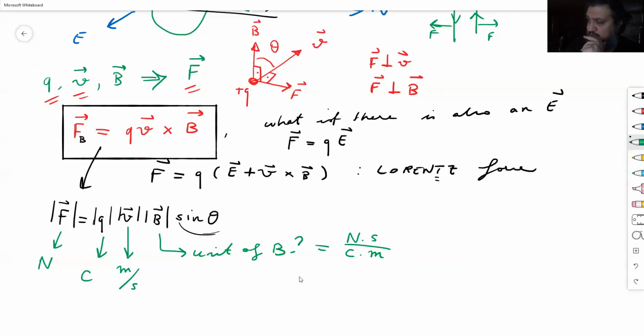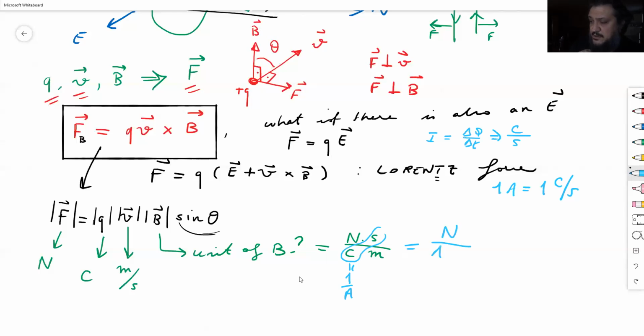But we already know that current is charge over time. So it is coulombs per second. So 1 amp is 1 coulomb per second. I have seconds over coulomb here. So that would be equal to 1 over amps, right? So the unit I have here is newtons per amp meters, or we're going to call it Tesla.